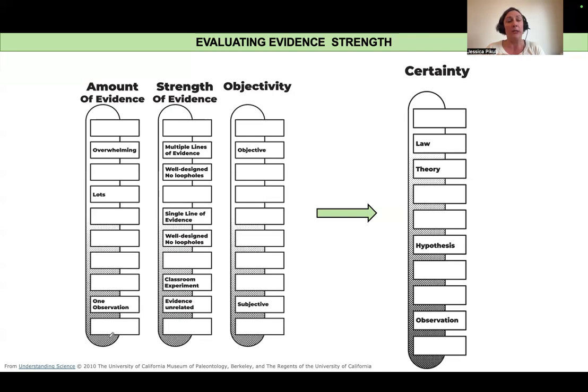A study that says smoking doesn't cause lung cancer, that is paid for by the tobacco industry, is not likely to be super objective. It's being funded by an organization that wants a specific outcome, and so it would be more subjective. They're going to choose what evidence to supply to support an argument, and you can't be sure that you're getting all the information.